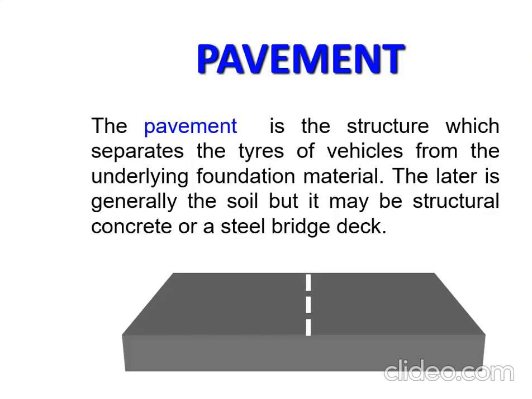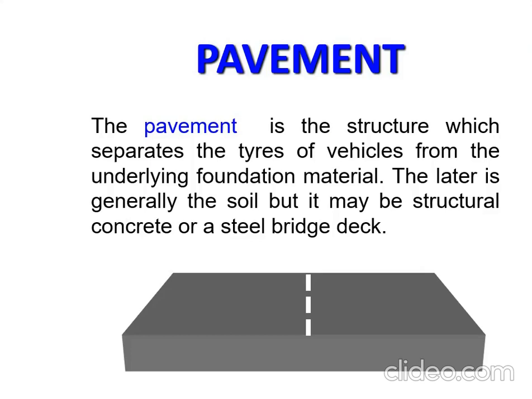There is a rule of thumb about it, that the top 6 inches of the soil should be removed. We get it compacted, and then the pavement layer is laid. So when we say pavement soil, actually we mean a strata which is improved.